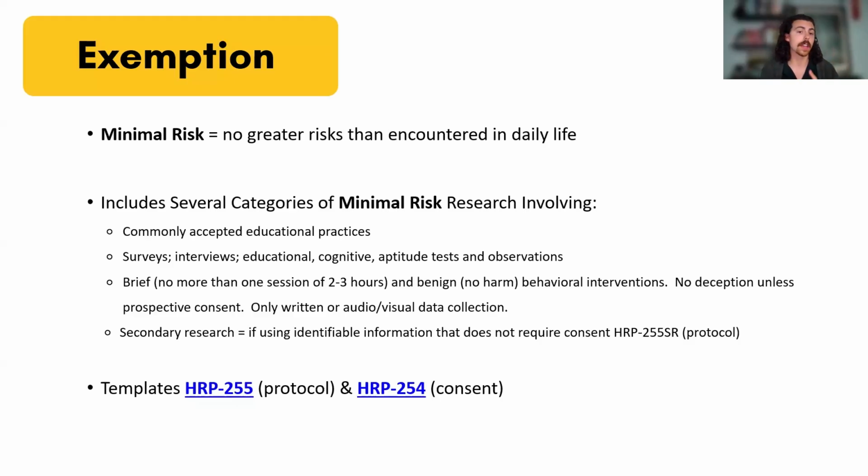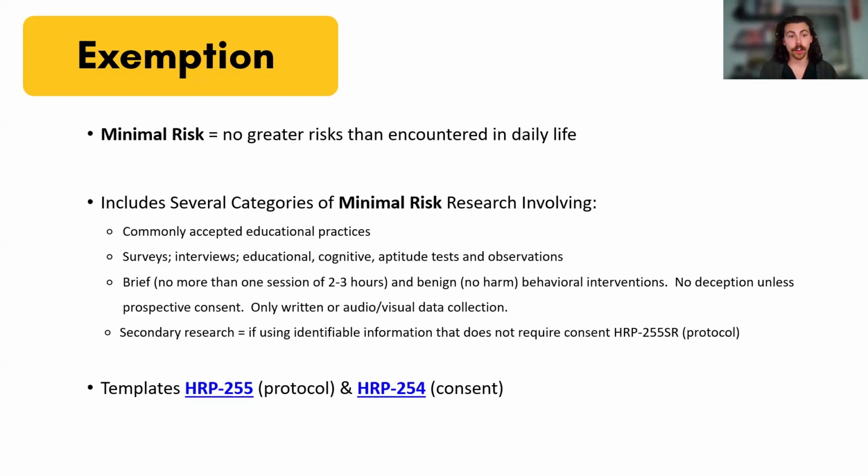The research includes surveys, interviews, educational tests, etc. The research includes brief, benign behavioral interventions and no deception unless prospective consent. And then only written or audiovisual data is collected during this brief, benign behavioral intervention.